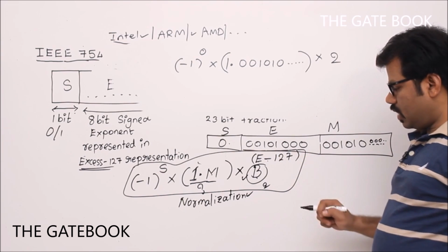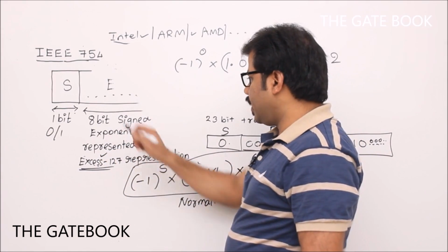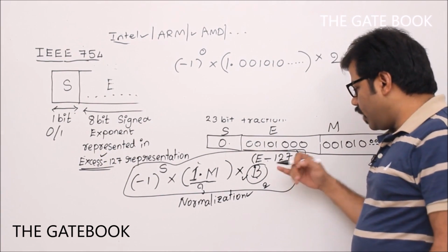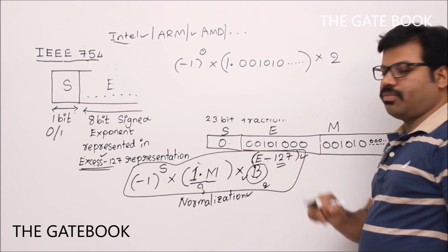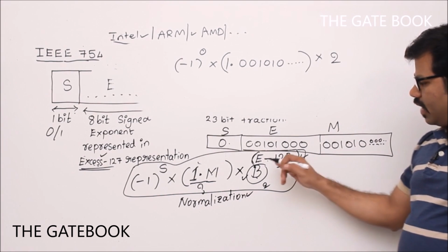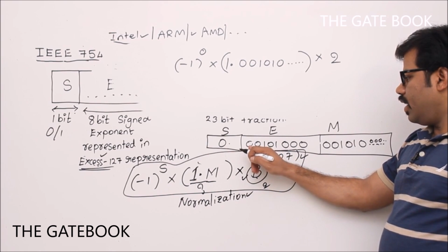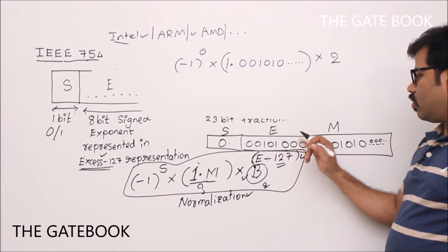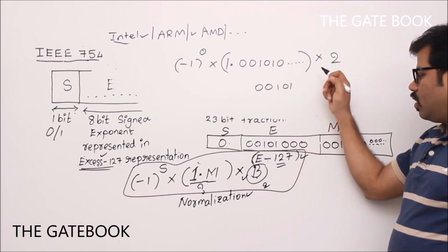E minus 127 means, since it is excess 127 representation, if you want to know the exact value, we should subtract 127 from E. First of all, take the binary value of E. So E here is 0 0 1 0 1 0 0 0. In unsigned numbers, what is the value of 0 0 1 0 1 0 0 0?